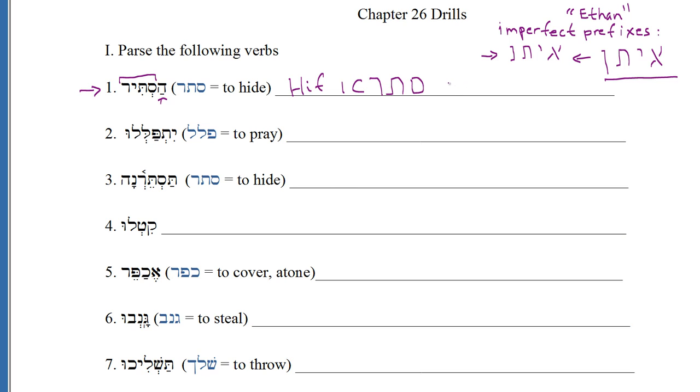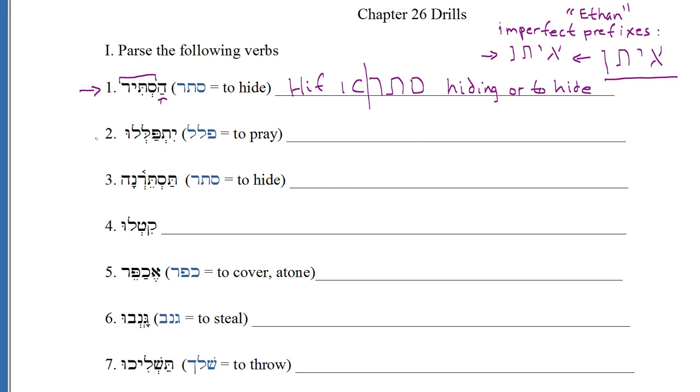And so we just have then the translation hiding or to hide. Depends on context, but could be either one of those. So hiding or to hide. Let's look at number two.